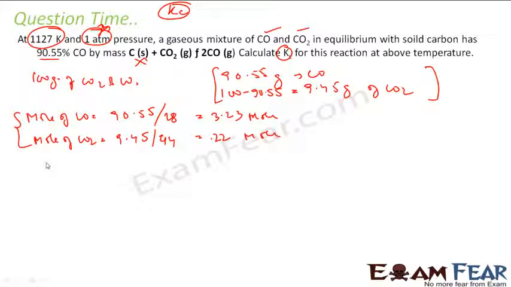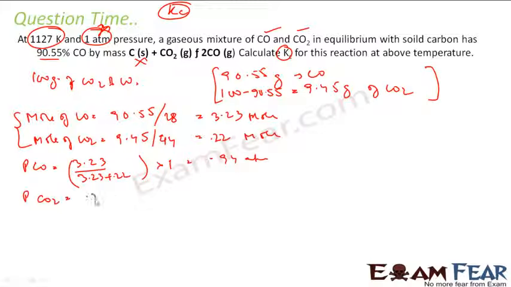So let me find the partial pressures. Partial pressure of CO will be 3.23 moles by total moles, 3.23 plus 0.22, into 1, that is 0.94 atm, and partial pressure of CO2 will be 0.22 by 3.23 plus 0.22, into 1, that is 0.06 atm.